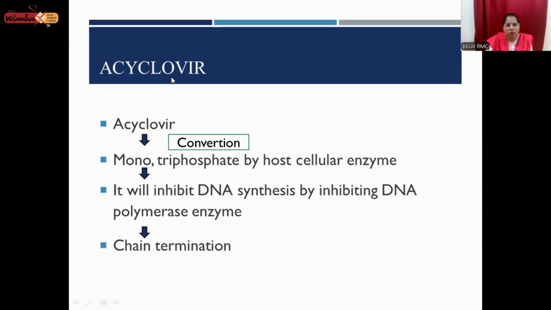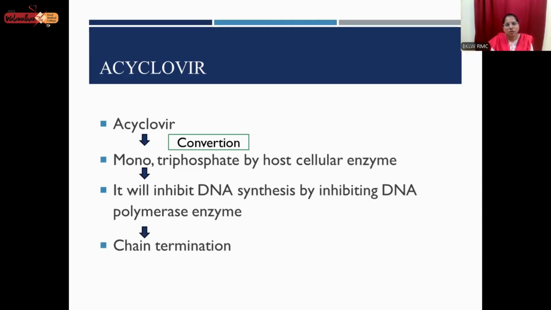Then we'll go through individual drugs. The mainly important one is acyclovir. Acyclovir is a very commonly used drug for herpes simplex virus and herpes zoster infections. Before inhibiting DNA synthesis, it is converted into its active form, first monophosphate and then triphosphate. This conversion takes place in the host cells using host cell enzymes.